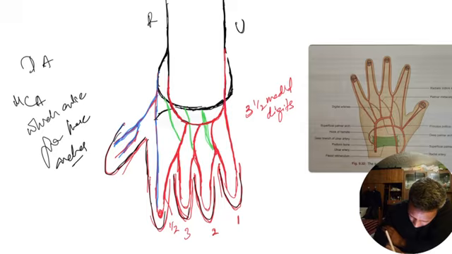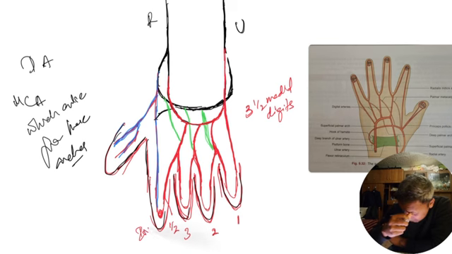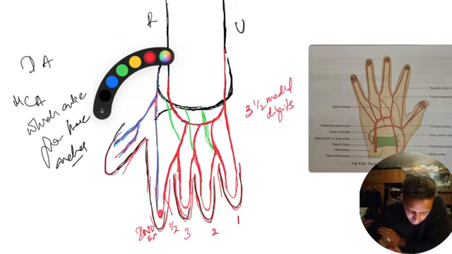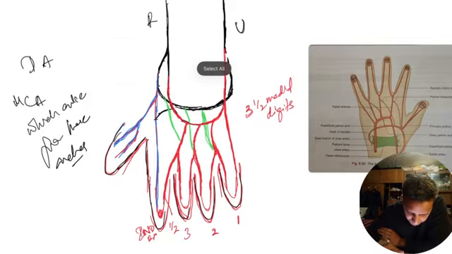Now for your index finger and your thumb, your arteries are marked in blue. Yes, I will highlight them now so you can see them. This is coming from your deep palmar arch. Before I show you, let me show you how the deep palmar arch is formed.